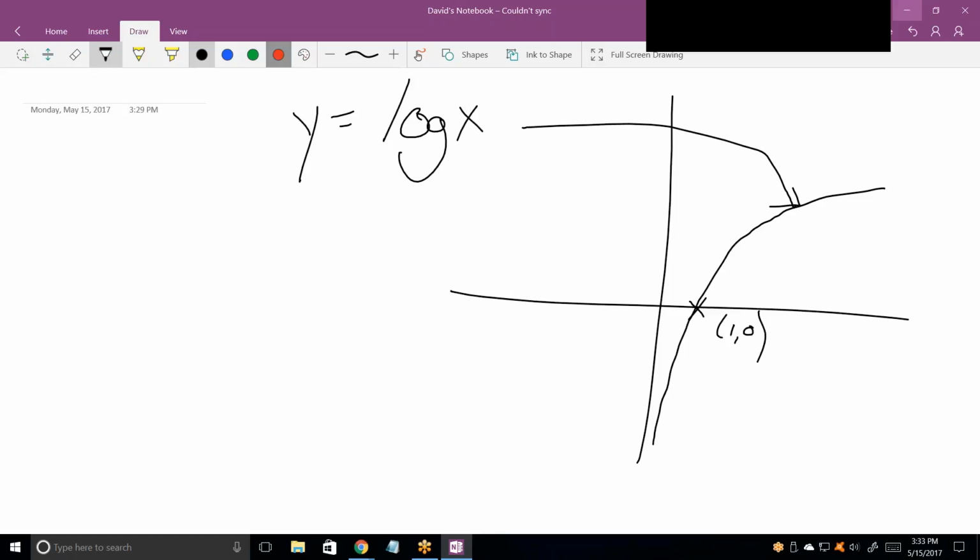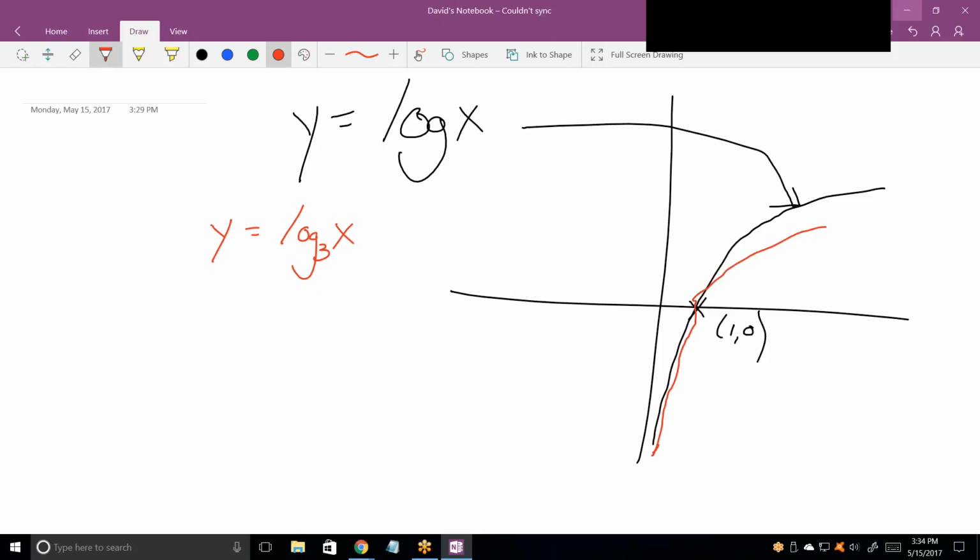And now if I said, let's graph y equals log base 3 of x, guess what? That's going to be almost indistinguishable from our first graph. It still has to go through that same point.